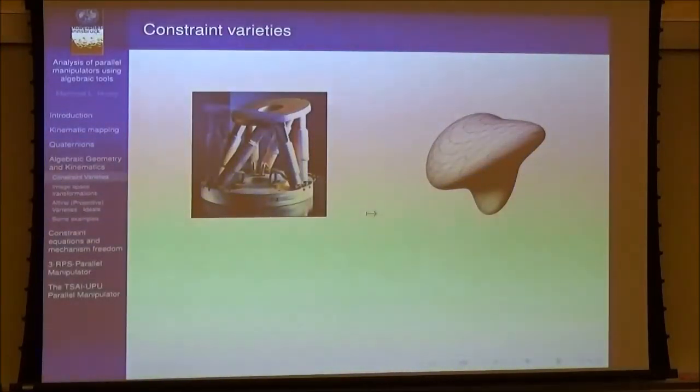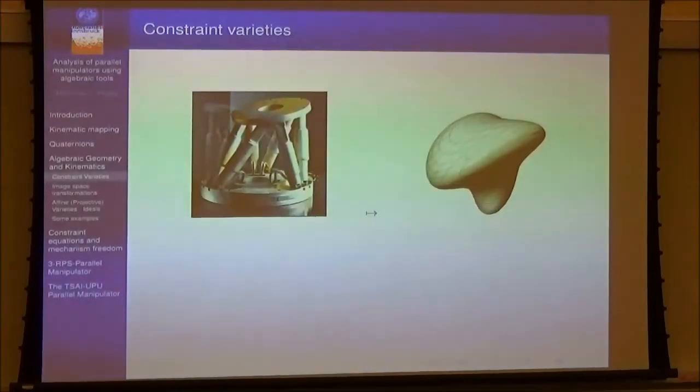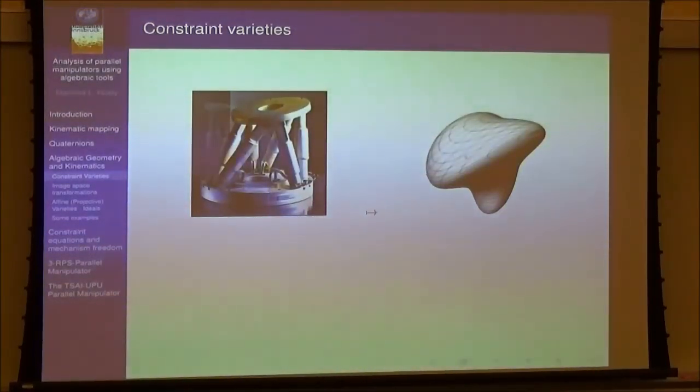Okay, now let's come to this subsection, which is called Algebraic Geometry and Kinematics, and something I call constraint varieties. The term variety will be explained in more detail a little bit later. Let's assume we have a mechanism like this, the famous Stewart-Gough platform, and you see the platform can be moved in space, and we are interested in all kinds of kinematic questions.